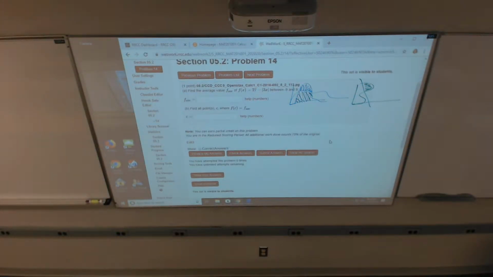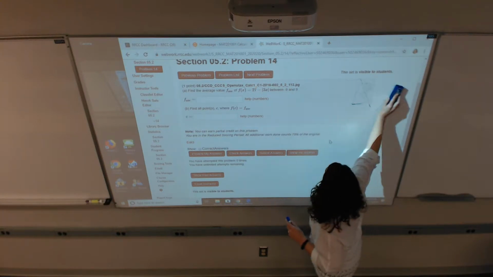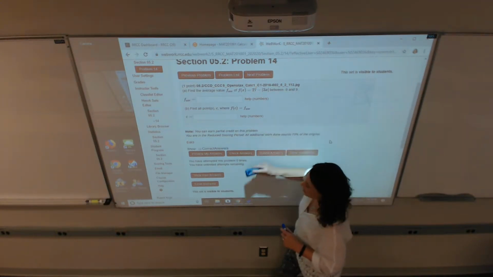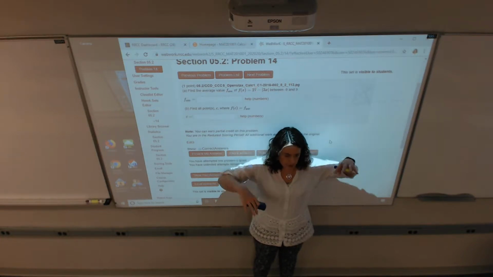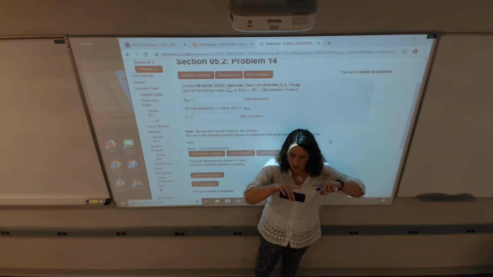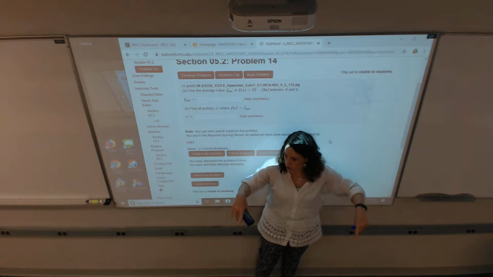All right, so you're looking at the average value. When looking at an average value, remember that it is basically taking your weird curve, evening things out, and converting it into a rectangle.